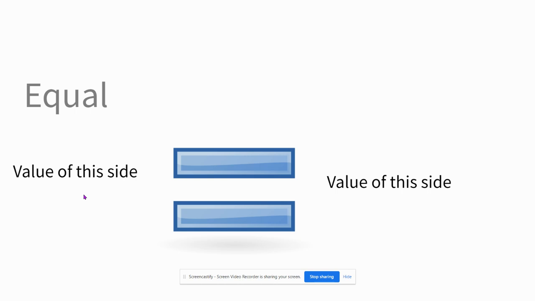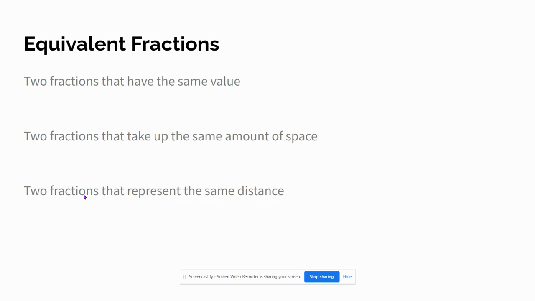So when we're thinking of fractions and we talk about equivalent fractions, we want those fractions to have the same value. So a fraction that is equivalent is two fractions that have the same value, the same meaning, which means they could take up the same amount of space.